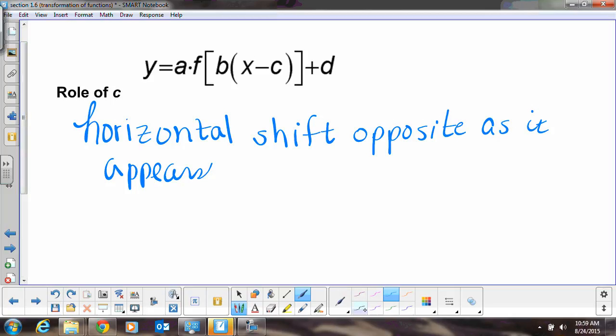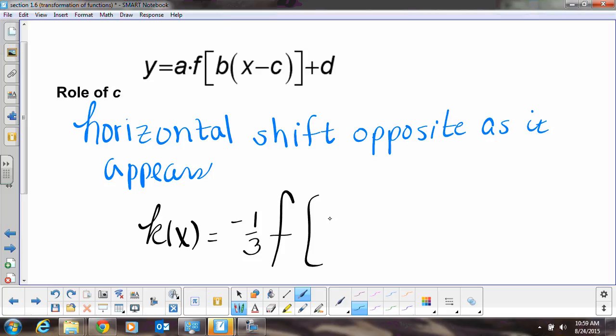Oh, and I didn't write any functions. All right, so suppose we have k of x equals negative 1/3 f of 3 times x minus 2, plus 4.